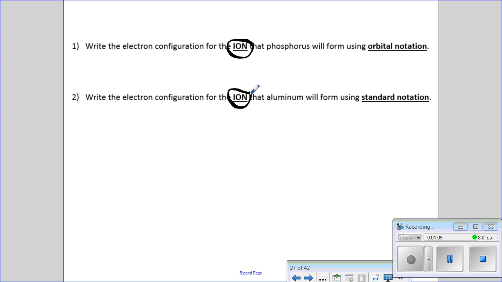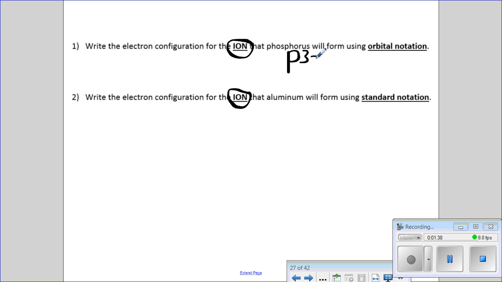So before I flip to the next screen, you need to locate phosphorus on the periodic table. Phosphorus should be in group 15, which means it will make a -3 ion, which means it gains 3 electrons. So when you're making the ion for phosphorus, figure out what you need to do to alter the electron configuration of the phosphorus atom.